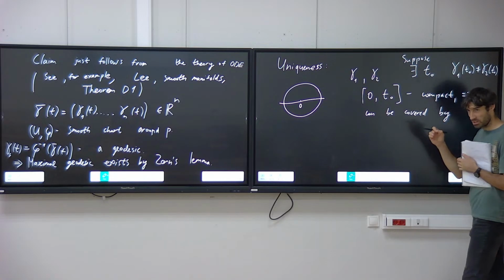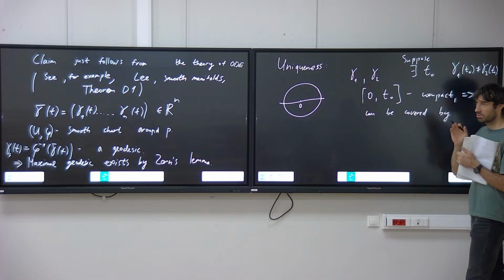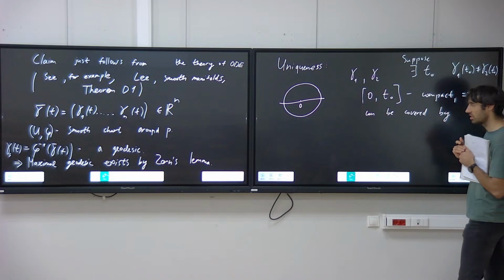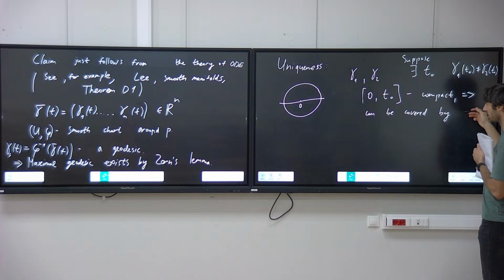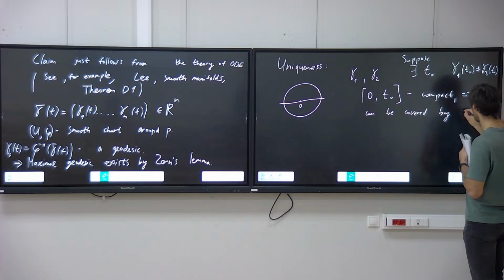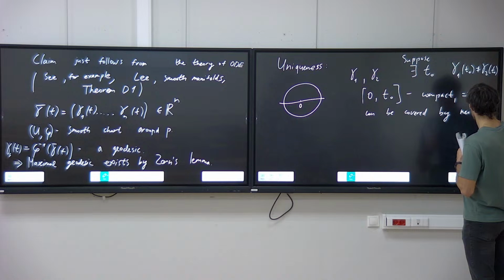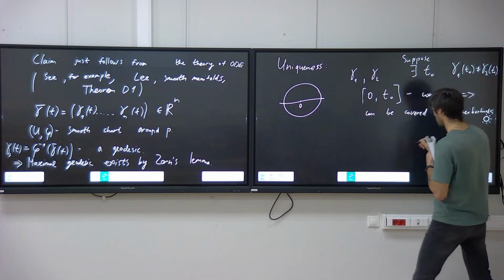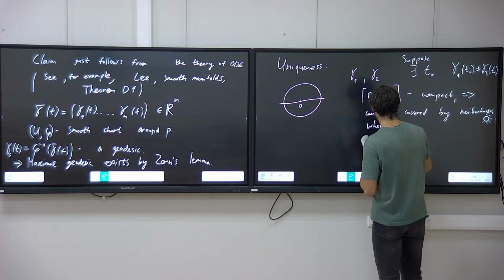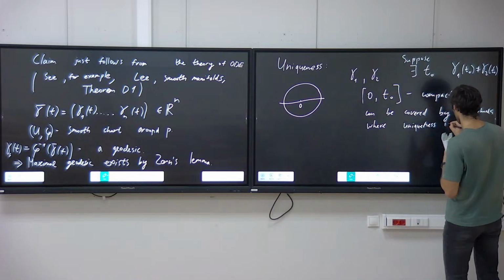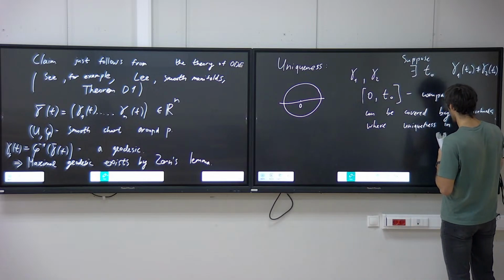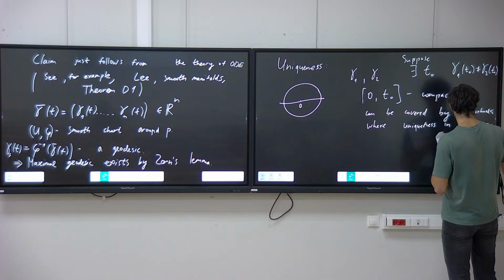Well, we fix this point, right? And once we fix it, we say that we have a unique maximal geodesic, right? Well, compact, so it can be covered by neighborhoods where uniqueness in claim star holds.